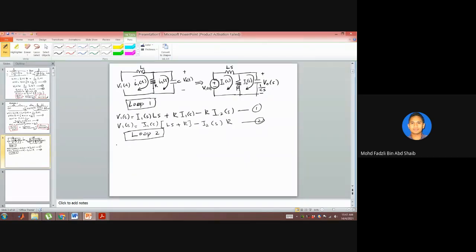So I2S times R, plus I2S times 1 over CS. Some more? Next, minus R I1S, right?